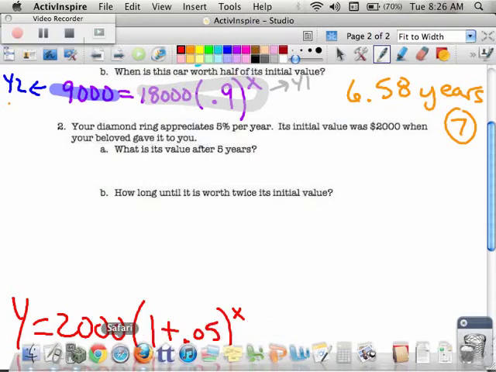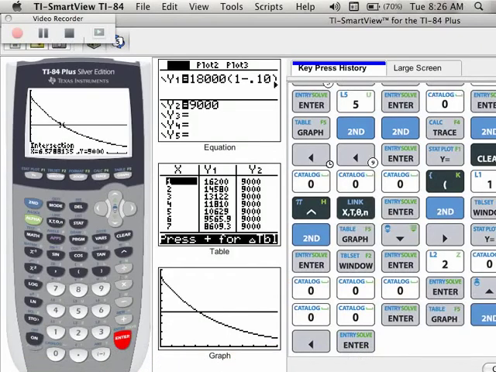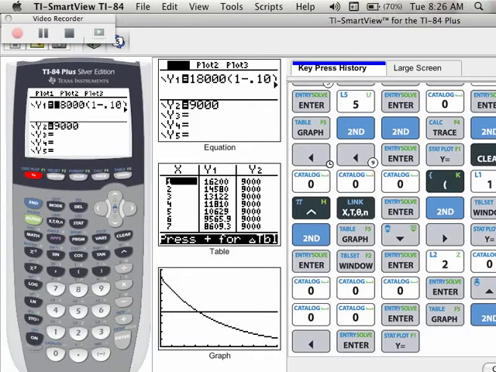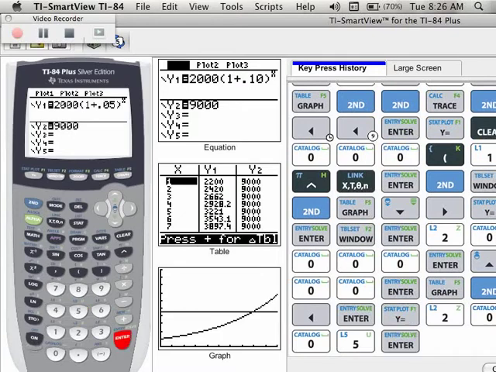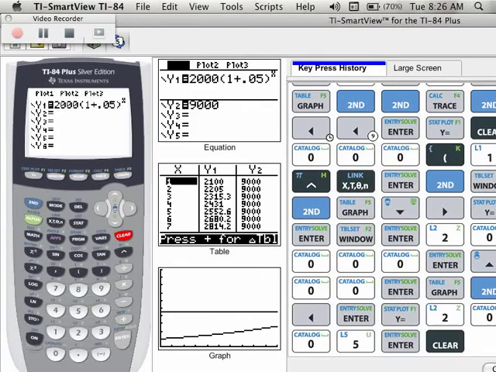So I go into my calculator, and in my y equals, I'm going to start with 2,000. And I'm going to go up, so that's a plus. To the x power.